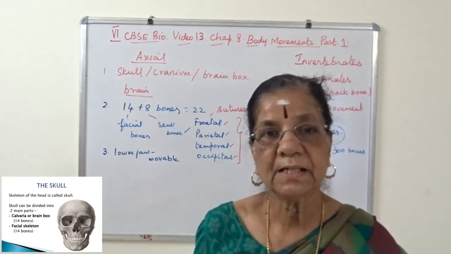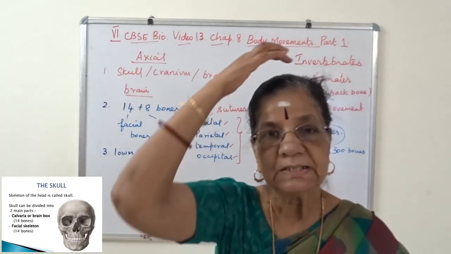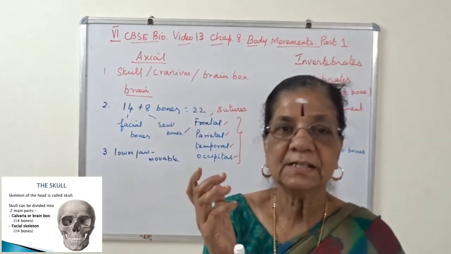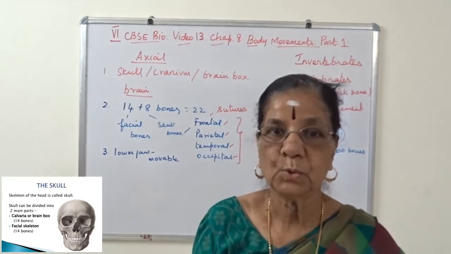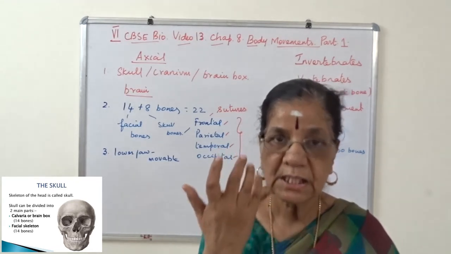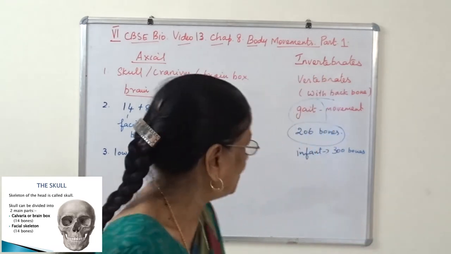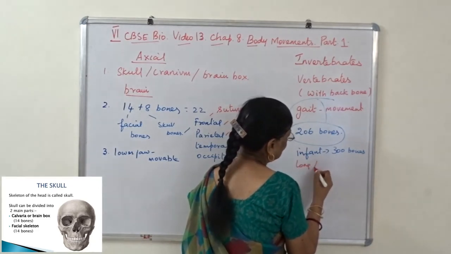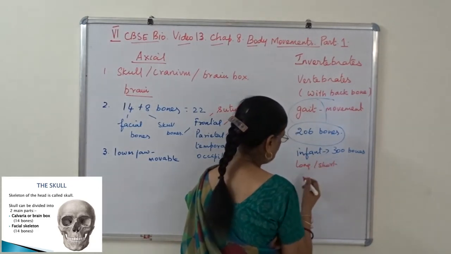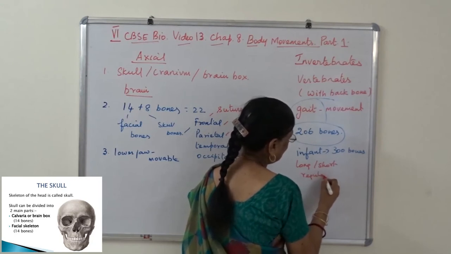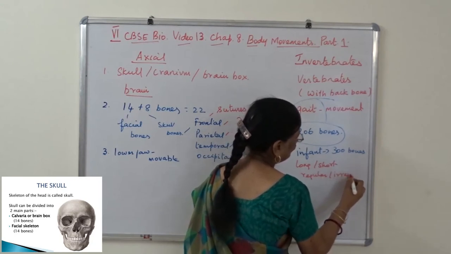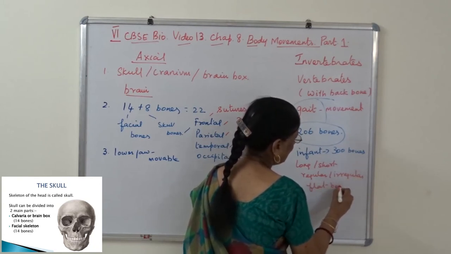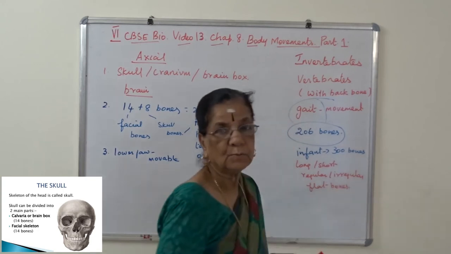In the hand and leg there are long bones. The skull is a flat bone, the cheek is a flat bone, whereas the wrist has irregular bones. The palm has short bones. So bones in man may be long, short, regular, irregular, and flat bones. I hope you followed.